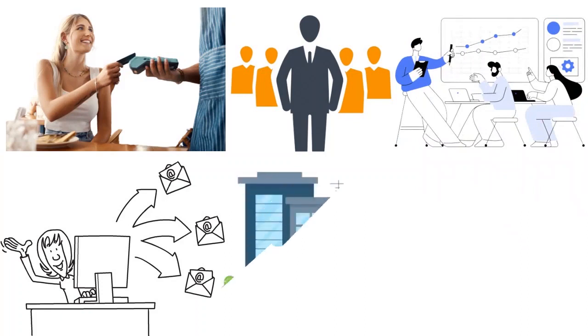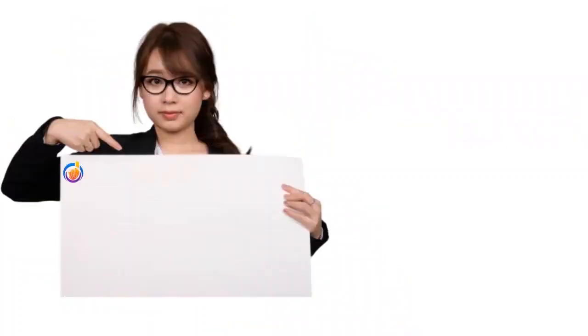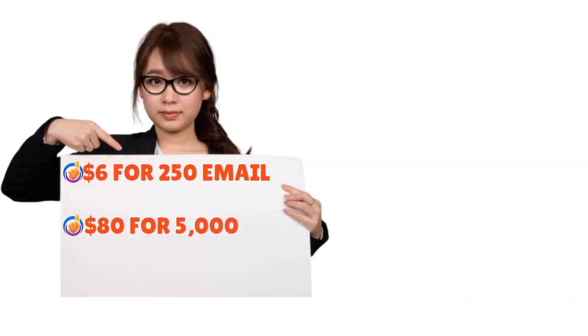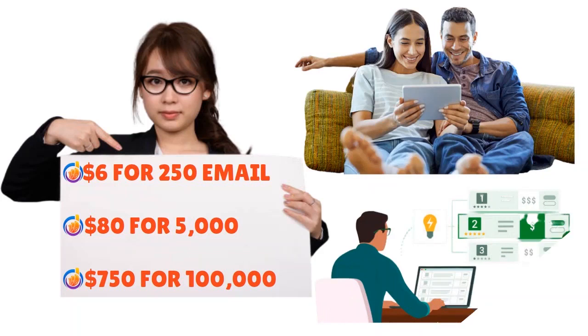For smaller companies just looking to dip their toes into the email marketing pond for the first time, it should work really well, but it's not your only option. So Zoho plans begin at $6 for 250 email sends, $80 for 5,000, and up to $750 for 100,000. Now, those numbers might change by the time you watch this show, but it's important to understand that there is a plan for every category of customers.